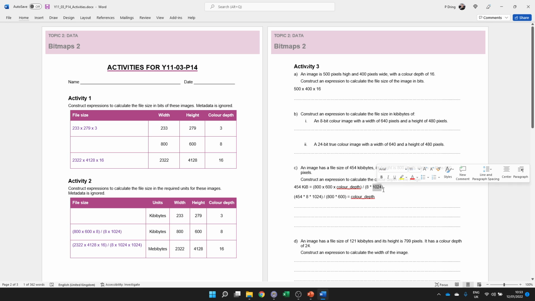And remember, you never have to do that calculation. The key phrase to remember is construct an expression. That means write down what you would put into a calculator, show your working, but don't actually calculate.